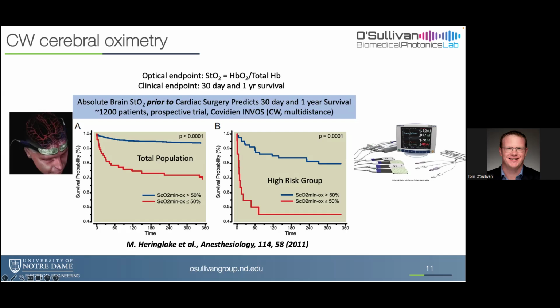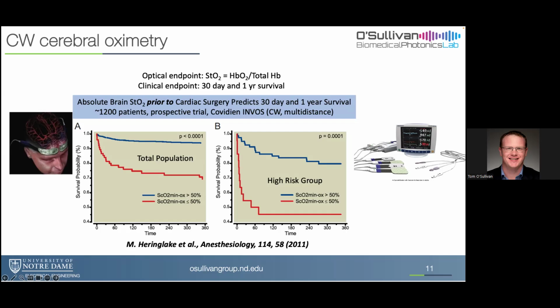Now, below 50%, you'd think someone would be dead, because normal brain oxygenation is about 70 to 80%, but they were alive. Essentially, what this data showed is that regardless of how successful the surgery was, regardless of what the surgery was, that metric alone was a predictor of how many of those patients were going to be alive a year later.